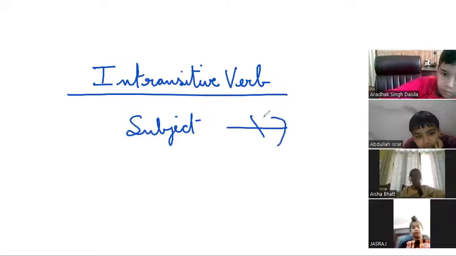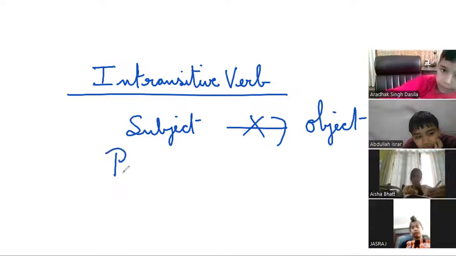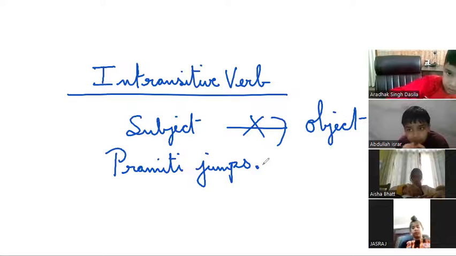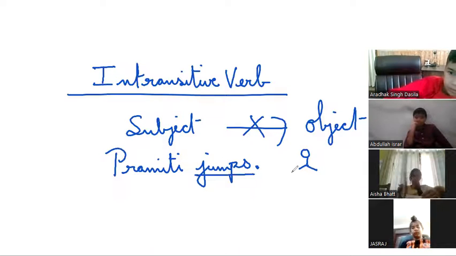So for example, if I say Pramiti jumps. She's a jumping jack, she keeps jumping. But is the action going from Pramiti to someone else? No. She is here and she is jumping. The action remains with her. It does not go to the ground. It does not go to the wall. So this jumps is an intransitive verb.